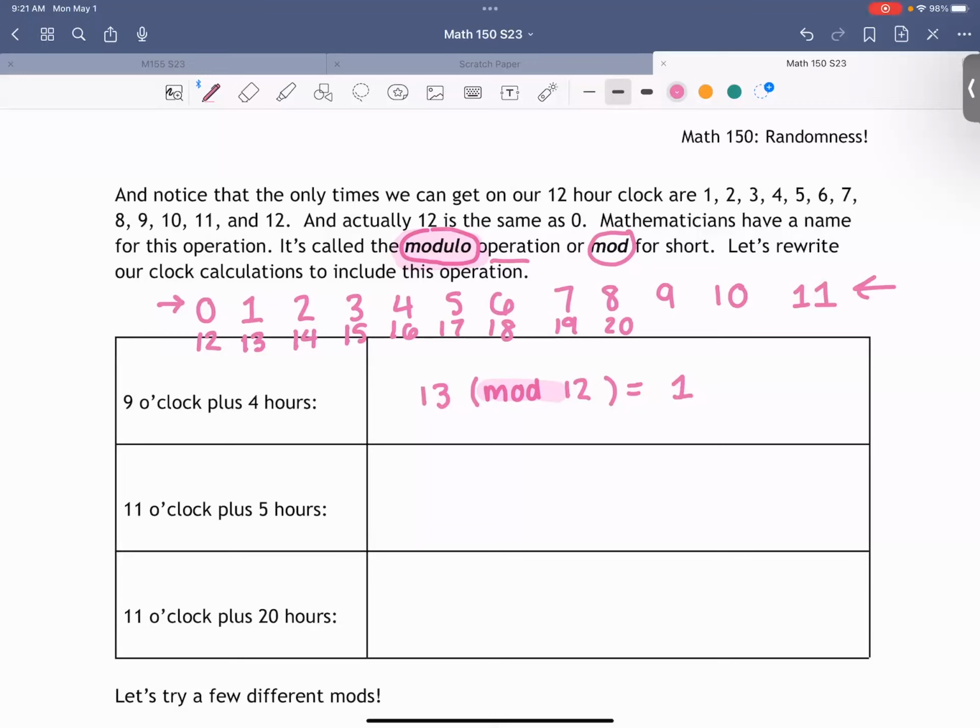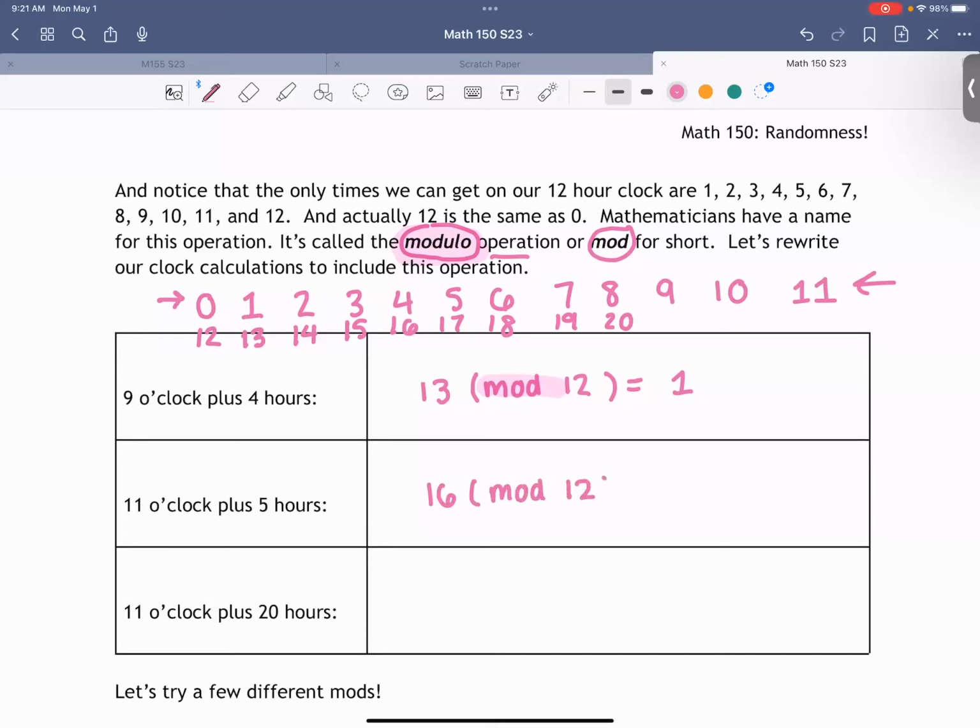Okay, same thing with the other two. We did 11 plus 5 hours. 11 plus 5 is 16. Mod 12, we said was 4. Okay. And then we said 11 plus 20, that was our big one, 31 mod 12. Well, we said that was 7, right? Okay, so this is just the notation that we use.